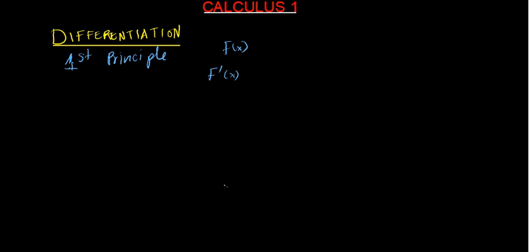So we are saying f prime of x, according to the first principle, is given by f of x plus h minus f of x divided by h. I've even left out a limit here. Let me include the limit.